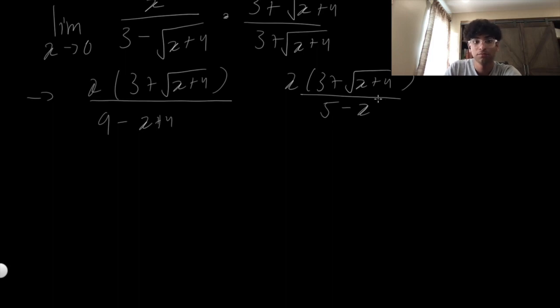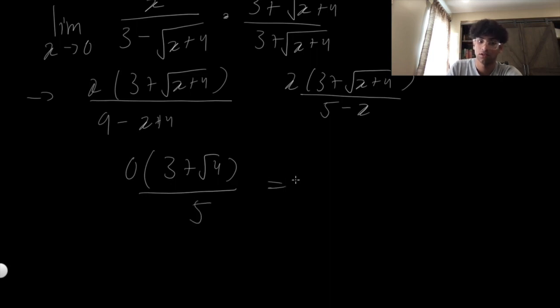So we can actually attempt direct substitution right here. If you substitute in 0 for x, you just get 0 times 3 plus square root of 4 over 5 minus 0, that's just 5. So obviously it's going to become 0 over 5. So the limit of this is just going to be 0.